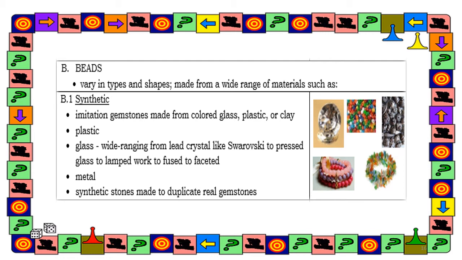Okay, another one for the beads. Okay, still under the materials, beads vary in types and shapes. They are made from a wide range of materials such as synthetic beads, imitation gemstones, plastic, glass, metal, and synthetic stones.